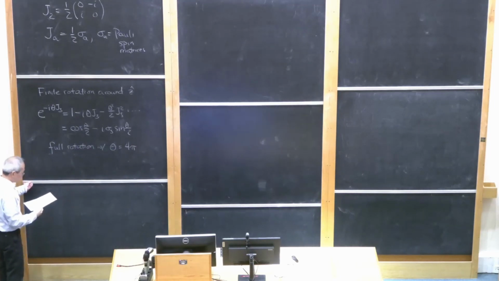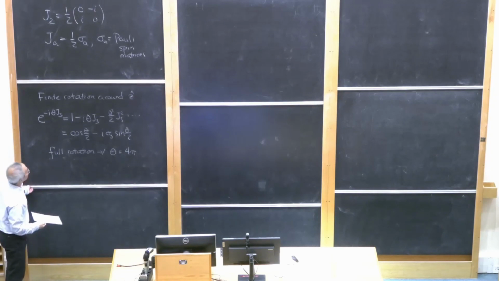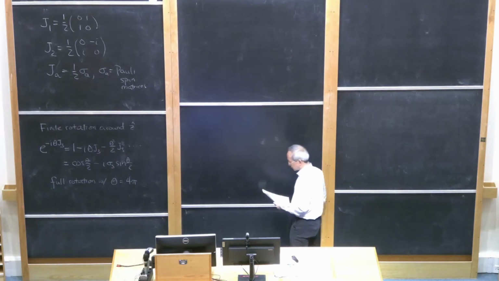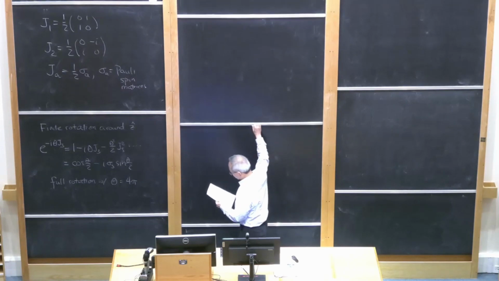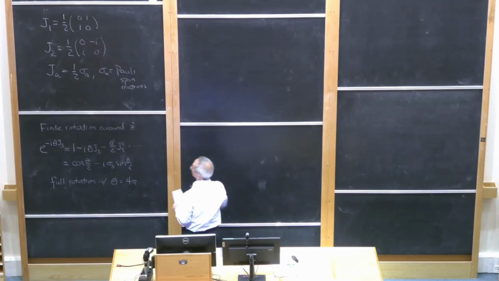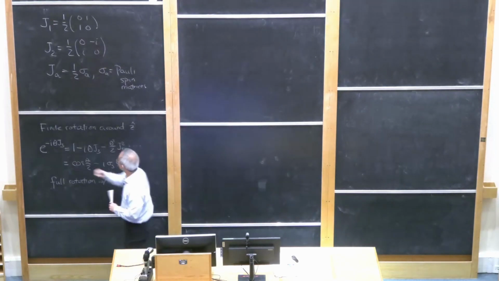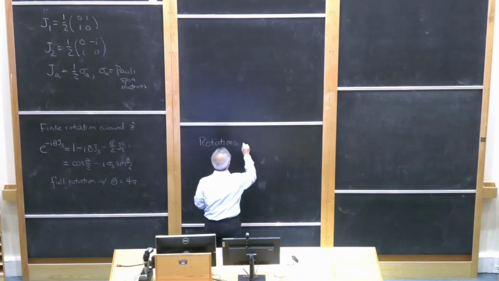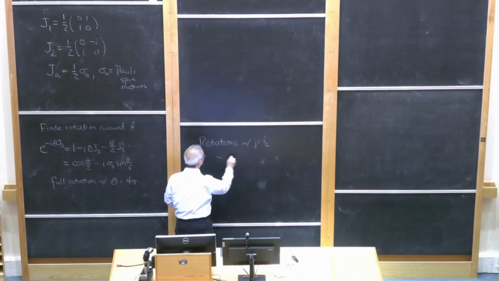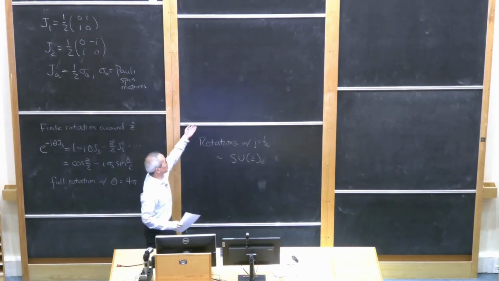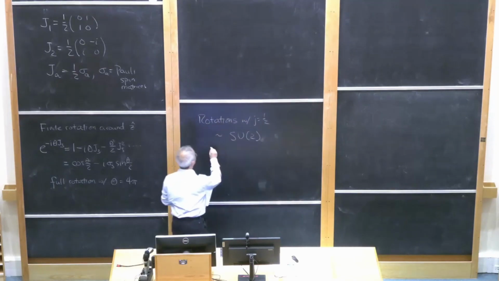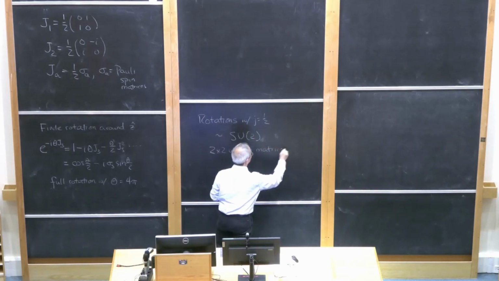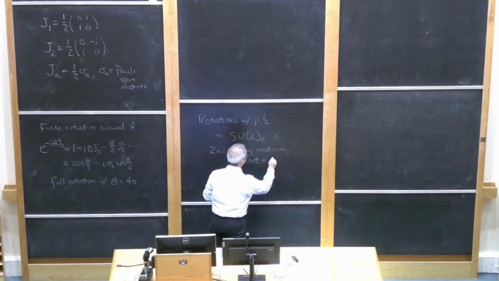In fact, what we have described here, if you were to write down these group elements, these matrices, or with the exponential map, these rotations, with j equals 1/2, basically end up being the group of 2x2 unitary matrices with determinant plus 1.